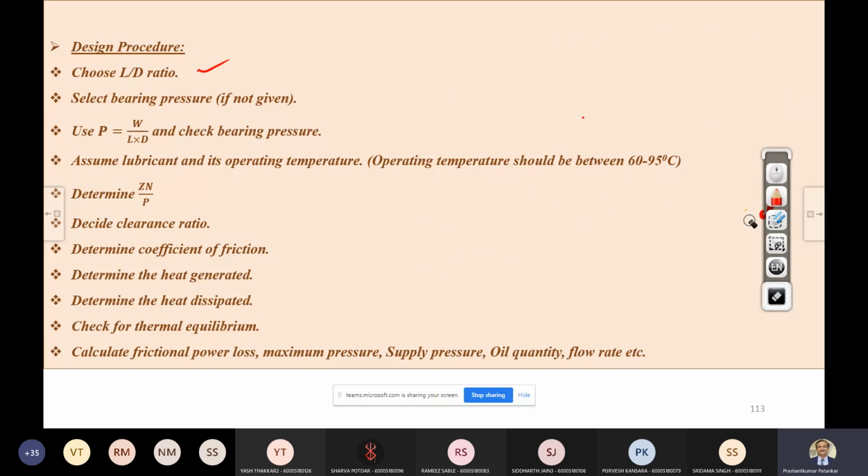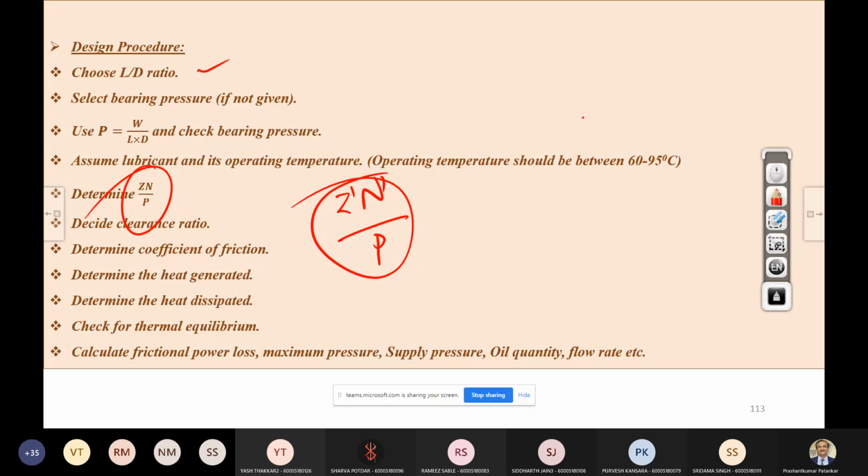Am I clear? Now, once that is known to you, the next thing you are going to do is calculate the bearing characteristic number. Already I told you, Z dash into N dash upon capital P, that is your bearing characteristic number, that you are going to calculate.